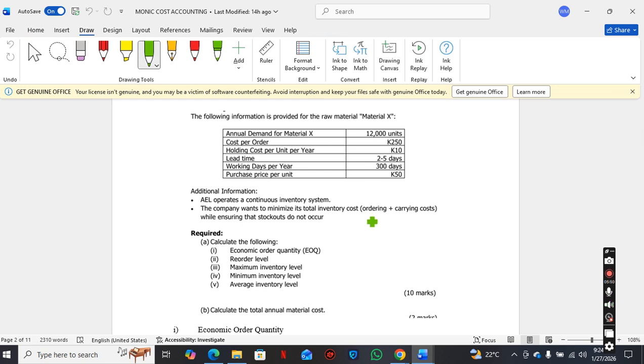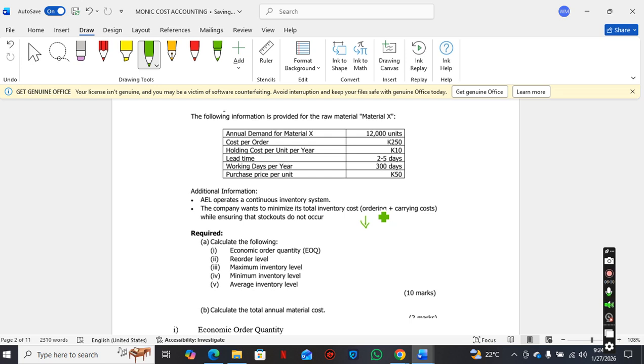The bigger the quantity, it means you have to make fewer orders, the frequency of the orders. If you order in small batches, you'll be making too many orders.